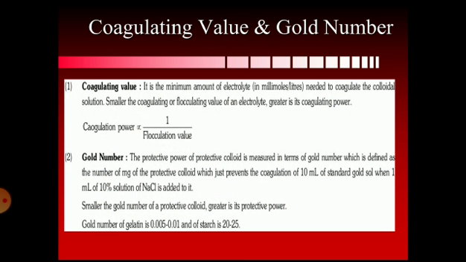So it is simple, coagulating value is based on the amount of electrolyte added. So smaller the coagulating value of an electrolyte, what will be greater? Coagulating power. So it is inversely proportional to the flocculation value also. So coagulating power is inversely proportional to the flocculation value. So it depends upon the flocculation value of an electrolyte. Okay, so the smaller the flocculation value of the electrolyte, the greater the coagulating power.